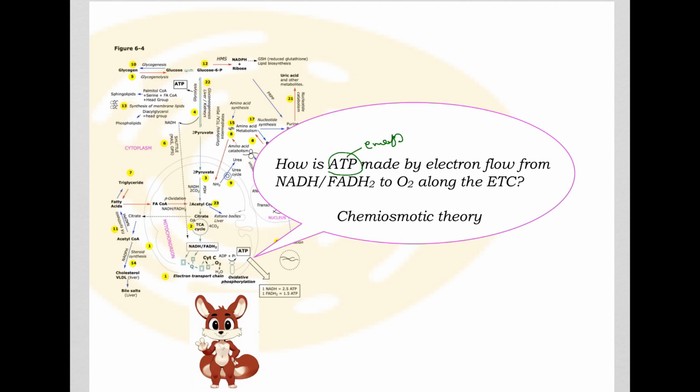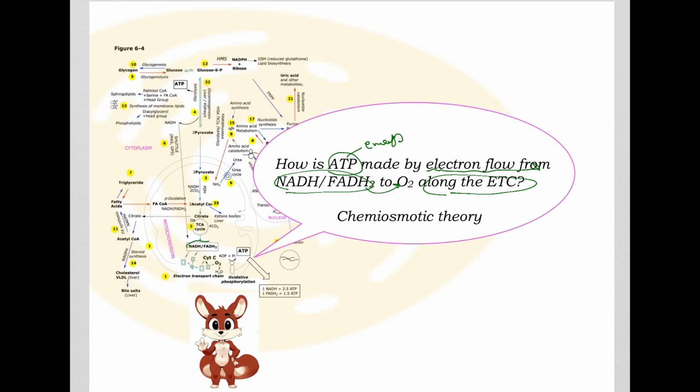This is how we use energy, in the form of this chemical ATP and also in other nucleotide forms like GTP, but ATP is the most predominant form. So how do we make this ATP as electrons flow from NADH and FADH2 to oxygen along the electron transport chain?